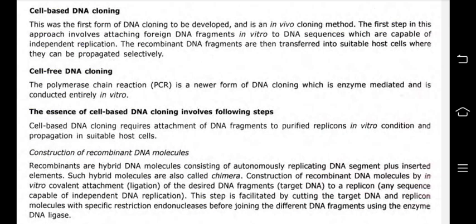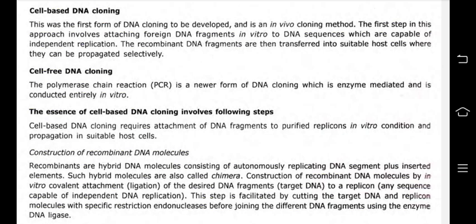The first step in this approach involves attaching foreign DNA fragments in vitro into DNA sequences which are capable of independent replication. The recombinant DNA fragments are then transferred into suitable host cells where they can be propagated selectively. Then cell-free DNA cloning: the polymerase chain reaction (PCR) is a newer form of DNA cloning which is enzyme mediated and is conducted entirely in vitro.